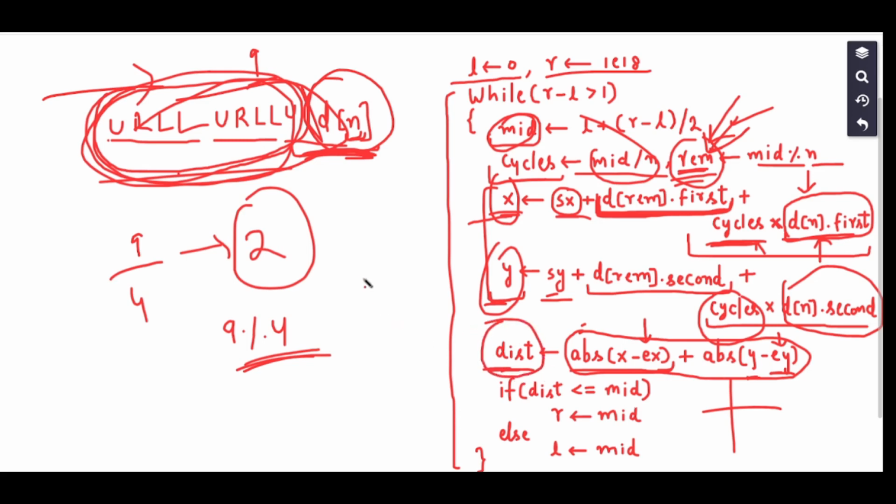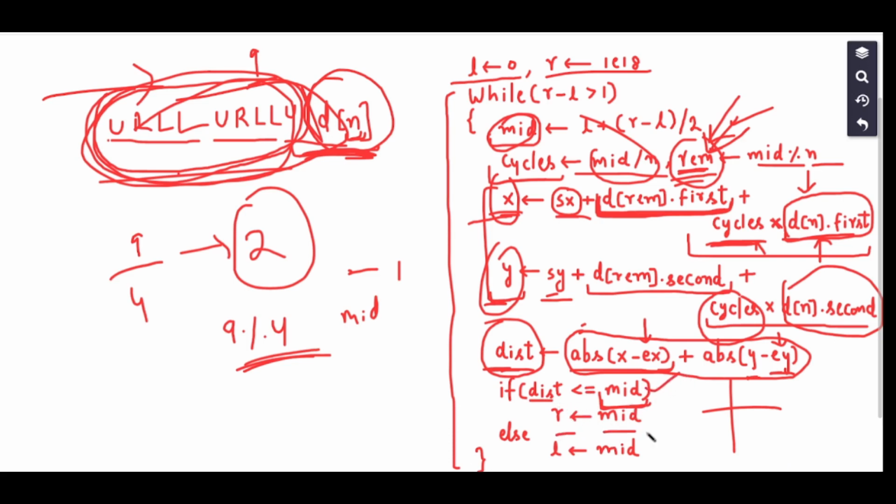Now since in one day I can move one unit of distance, in mid number of days I can move mid number of units, be it in the x direction or the y direction. Now if the number of days that I have guessed is greater than or equal to the distance I have to cover using the ship's power, then this mid lies on the good side.